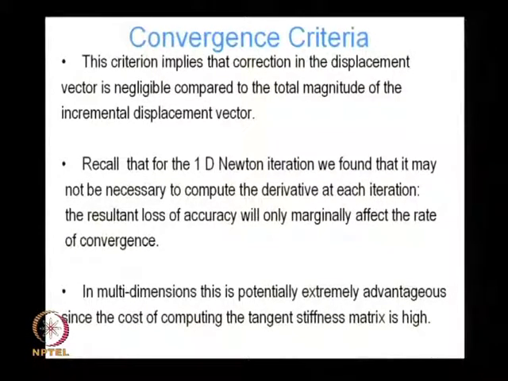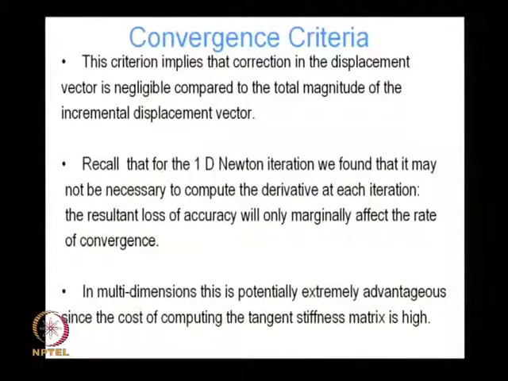We saw that if the error in computing the function value is more than the error in the derivative, then it is not really necessary to compute the derivative accurately, and we can save a lot of computational cost by taking an approximation of the derivative. In multi dimensions, this is potentially extremely advantageous since the cost of computing the tangent stiffness is very high.